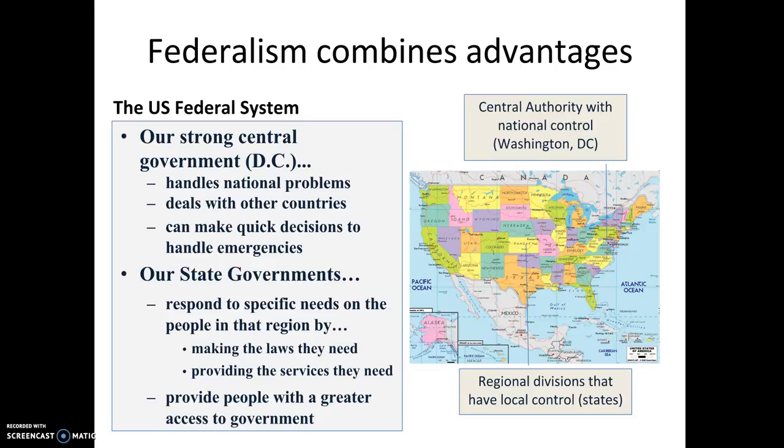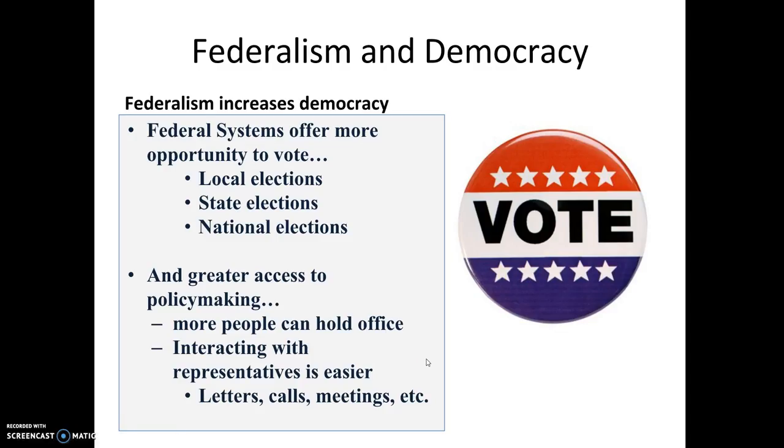The other thing that this does is it provides for an increase in democracy. It gives more people a chance to vote because we have more offices that we get to vote for. If we lived in a unitary system, we would probably be voting only for one official. And in the United States, very different than that.